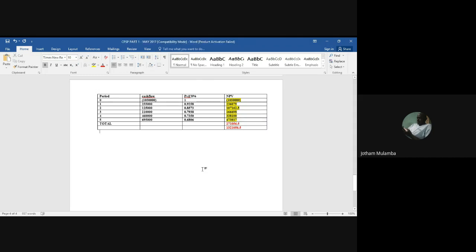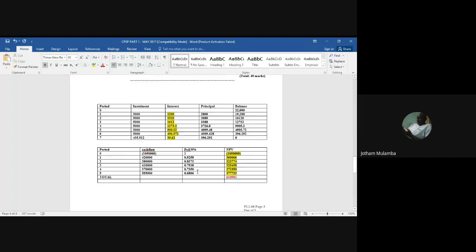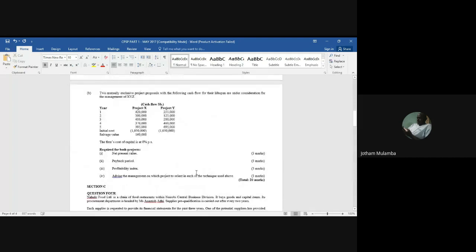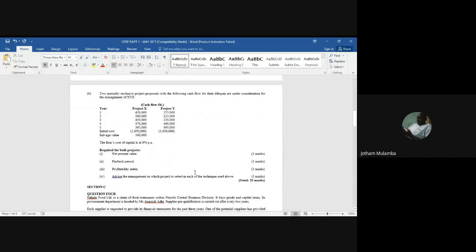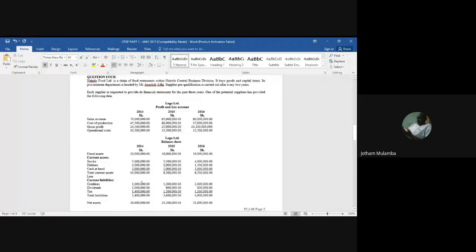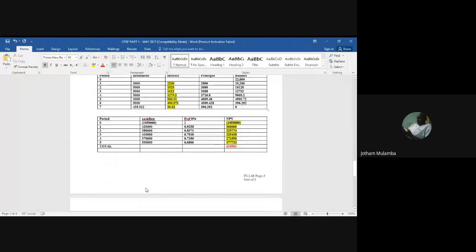So let's go back to the question, because we have already calculated the net present value, and see what the examiner intended us to do. The examiner wants us to advise management on which project to select in each technique used. We have already used net present value, so which project are you advising management to invest in?